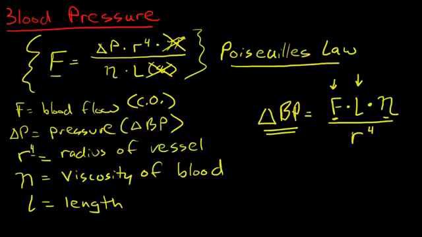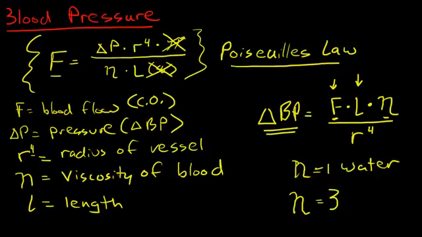Well, viscosity mathematically equals the amount of force that it takes to pump a fluid. So if you have a viscosity of 1 equals water, blood takes 3 times as much force to pump than water, so blood has a viscosity of 3.